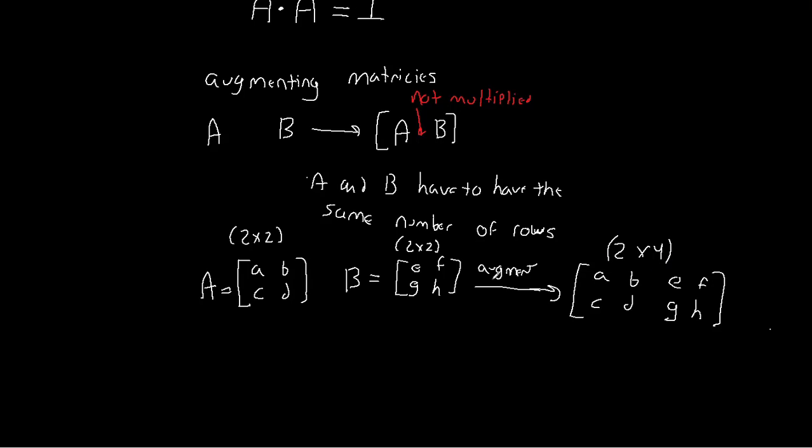You can think of augmenting a matrix as really just squishing the 2 matrices together so that you have one matrix followed by another matrix. This is kind of like a join, if you will. We're joining the 2 matrices together. So we're taking this matrix, shoving it up against this matrix to create a new matrix that has twice the columns. So this is generically what an augment looks like.